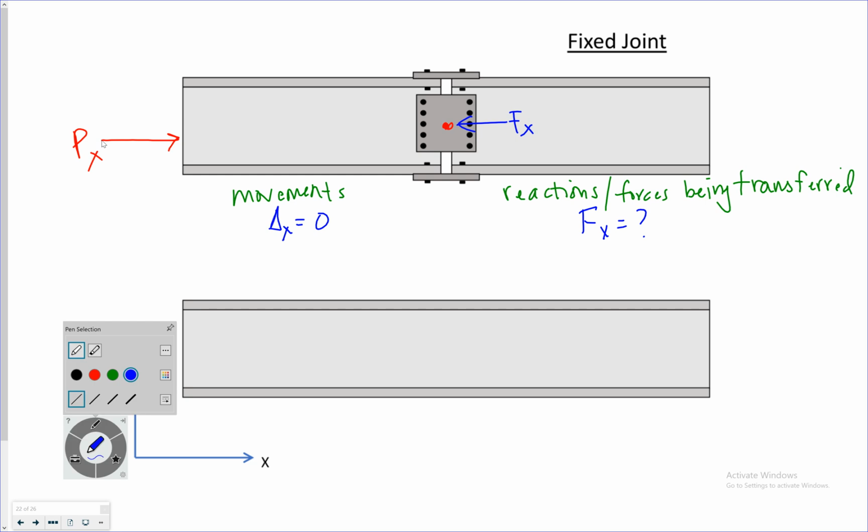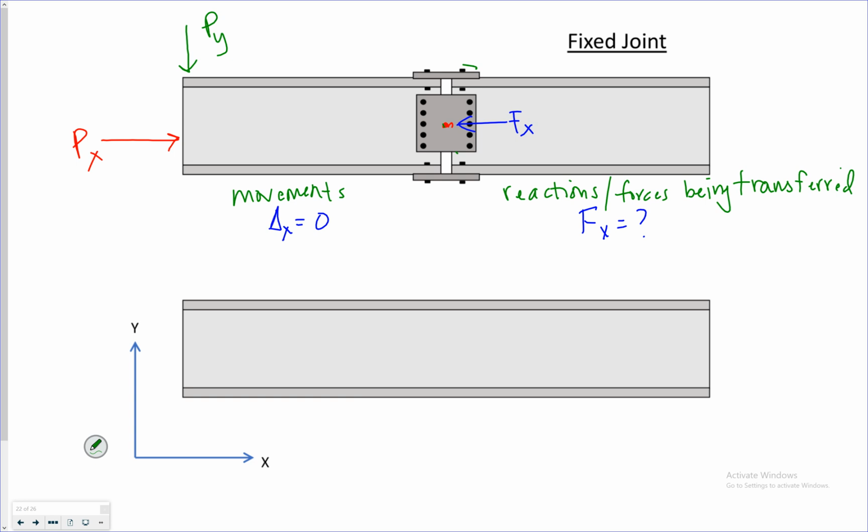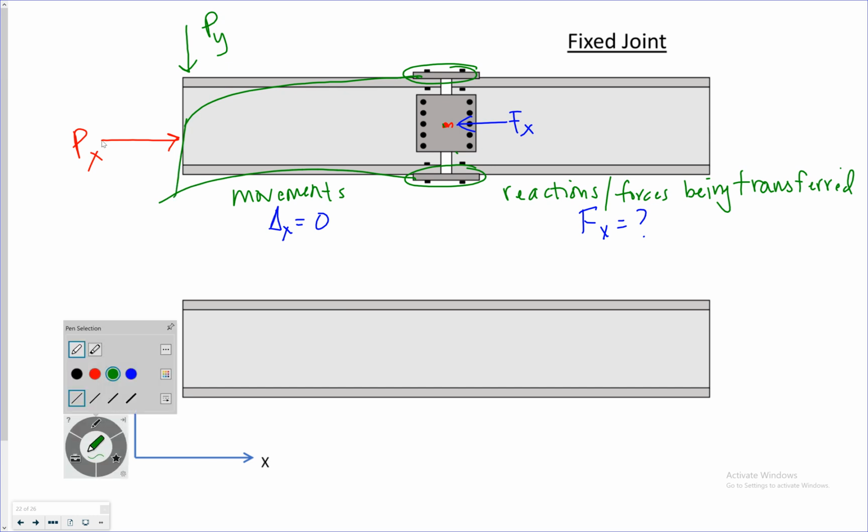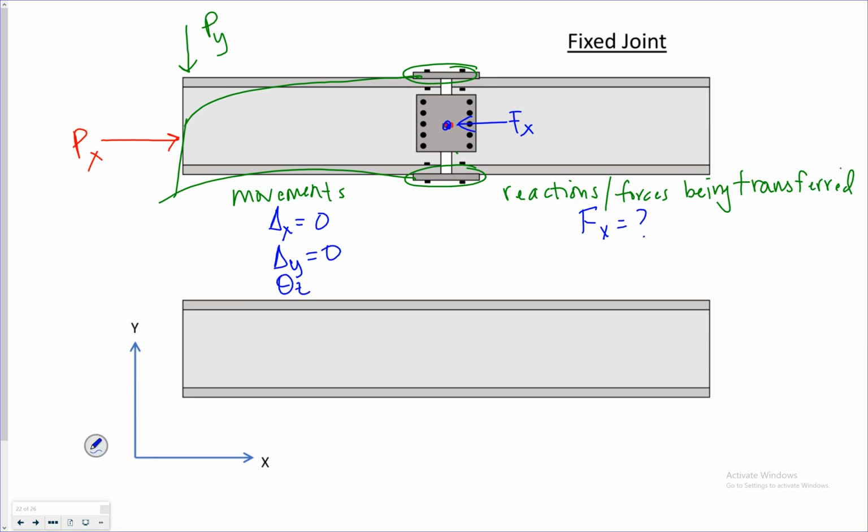If I apply a vertical load, we're probably going to have some, oh, no. These fixed plates right here are going to prevent rotation, right? So I have a displaced shape that looks like that. If I look specifically at the joint itself, I don't have any vertical movement and I don't have any rotation.